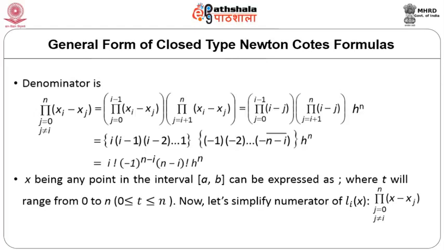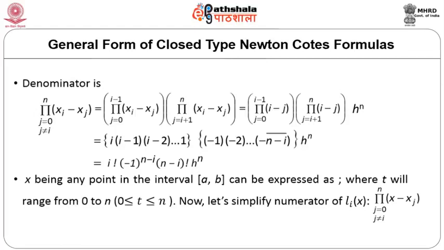Now the terms j equal to 0 to i minus 1 give the product of (i minus j), where j runs from 0 to i minus 1. Let us substitute one by one. j is 0, I get i; j is 1, I get i minus 1; j is 2, I get i minus 2. So this goes i into (i minus 1) into (i minus 2) up to finally, when j is i minus 1, I get i minus (i minus 1), that gives me 1. So it is i into (i minus 1) up to 1.